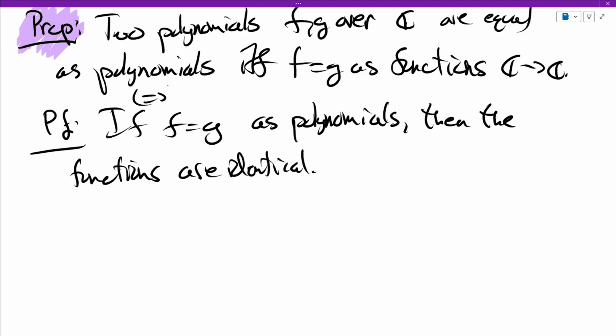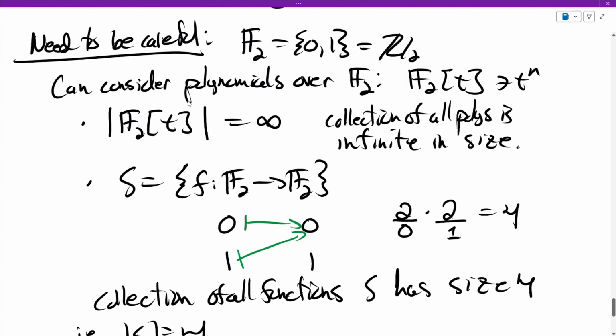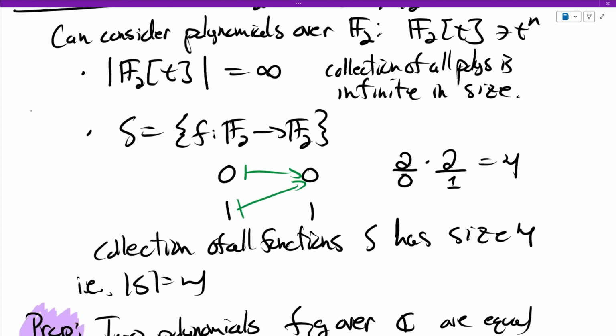So we did that one. The backwards direction takes some work, and it should take some work. The reason why it should take some work is because, as we saw, it's false in general. For example, the polynomials t to the n all define the same function, but they're all different polynomials. Why do they all define the same function?